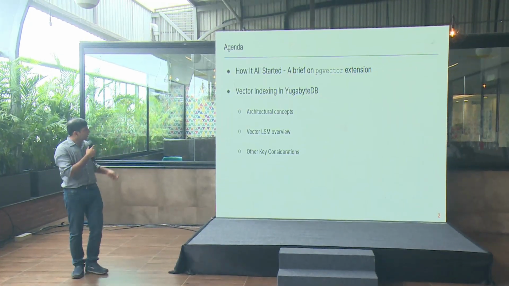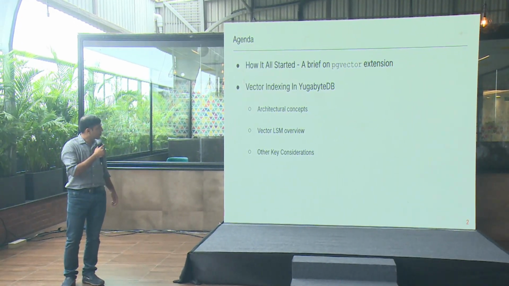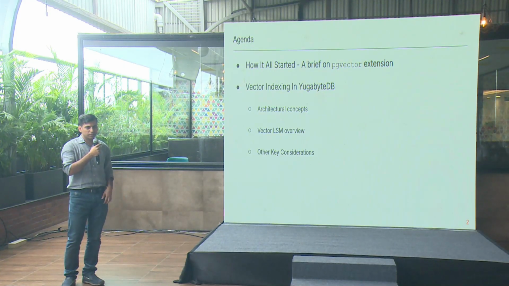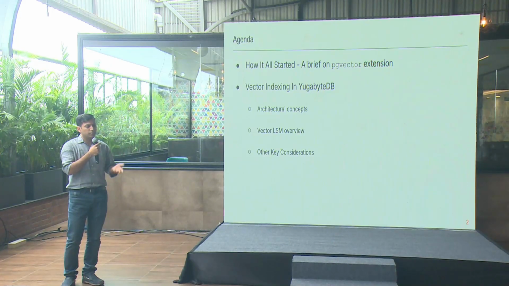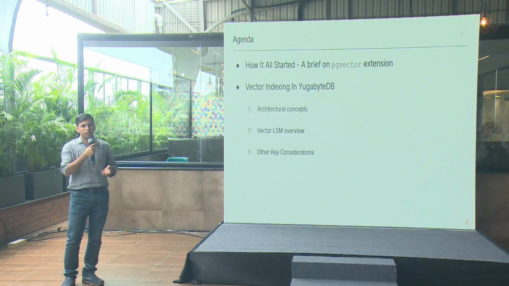If you see the agenda, I'll briefly mention pgvector, because the advent of pgvector is what actually transformed the PostgreSQL ecosystem, because it enabled PostgreSQL to be a vector database for modern-day AI applications.